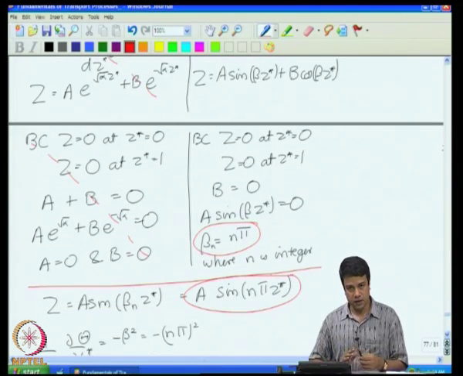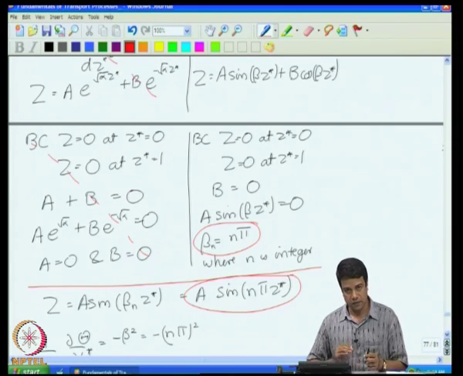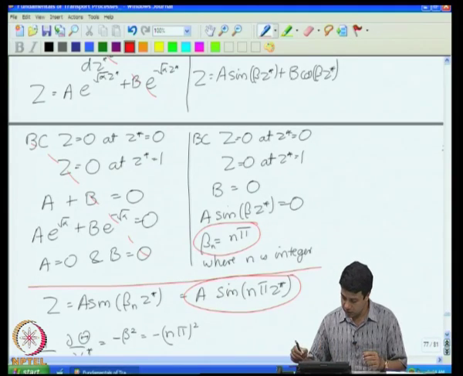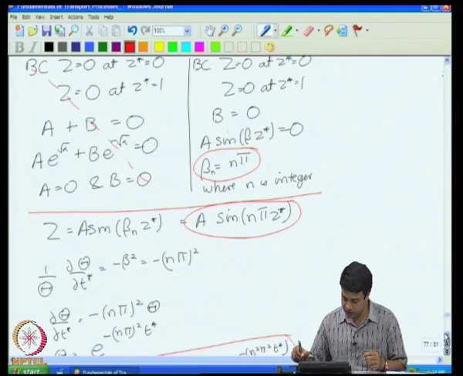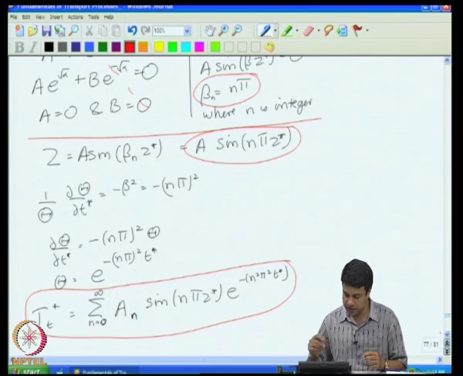So, beta cannot take any value, it has to have a value of an integer times pi, and the eigenfunction has to be of this form. And for this particular equation, that eigenfunction with the orthogonality relation defined in this manner gives you an orthogonal basis set.